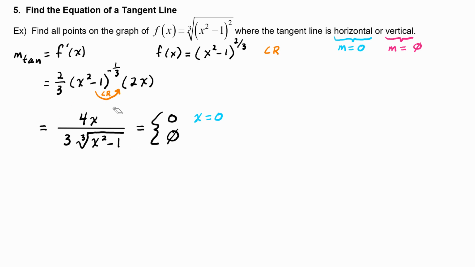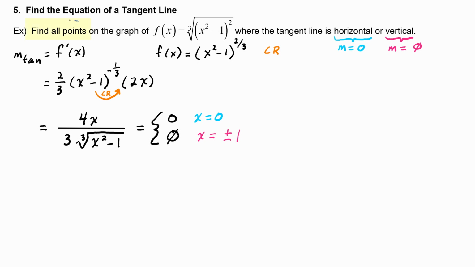A rational expression is undefined whenever its denominator is equal to 0, and this is going to happen when x is either plus 1 or minus 1. Either one of those will result in a 0 in the denominator, making the slope be undefined.